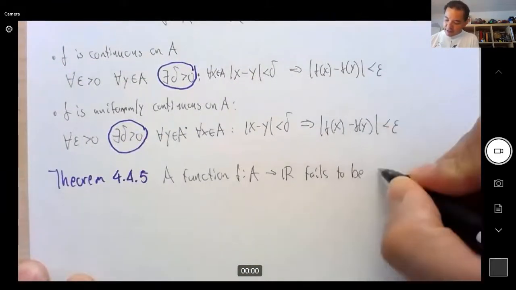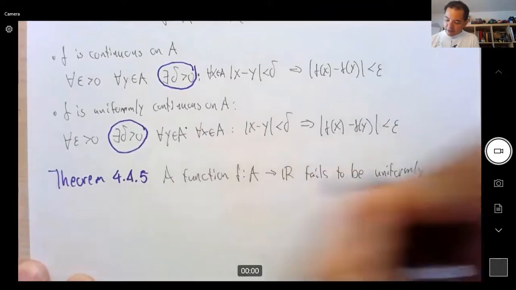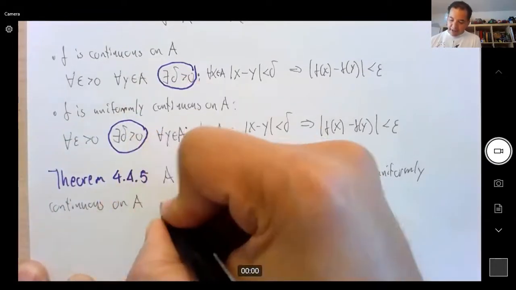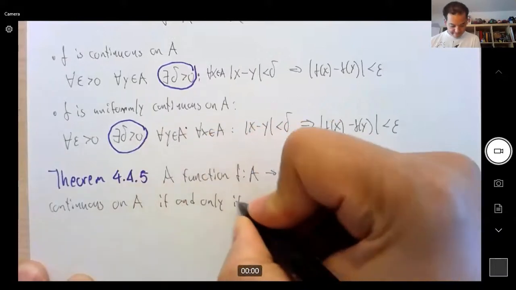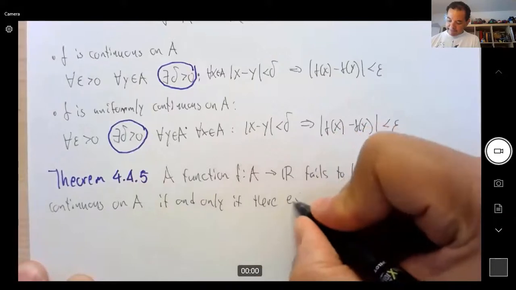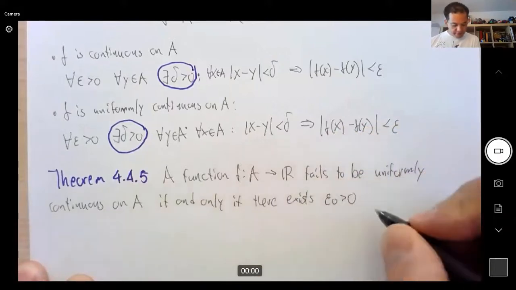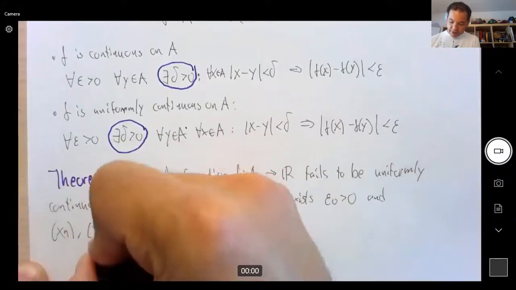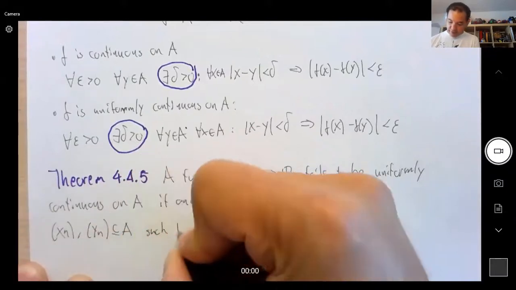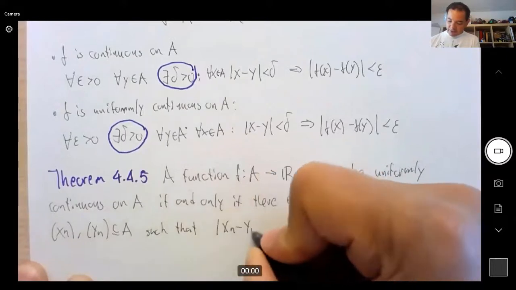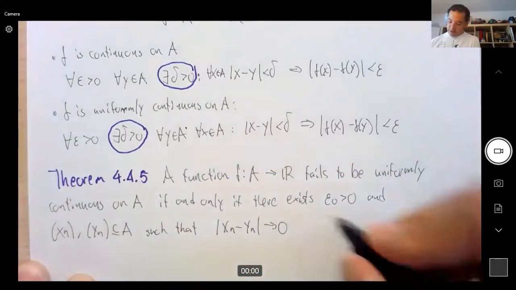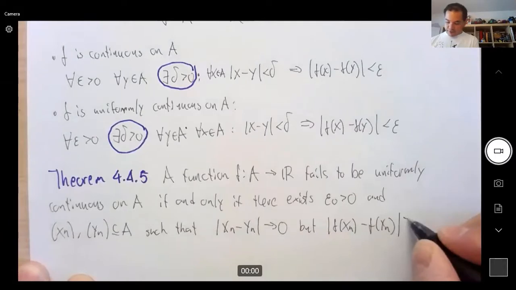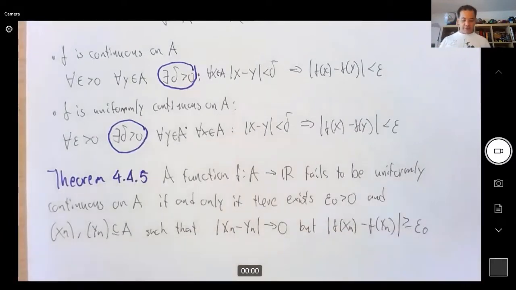F fails to be uniformly continuous on A if and only if there exists epsilon 0 greater than 0 and two sequences xn and yn in A such that xn minus yn approaches 0 when n goes to infinity, but f of xn minus f of yn are always separated, greater than or equal to epsilon 0, right?